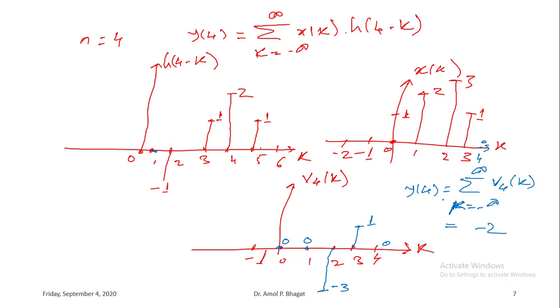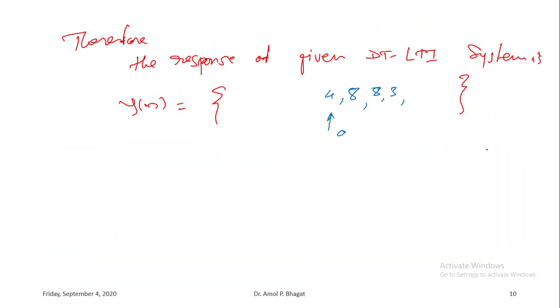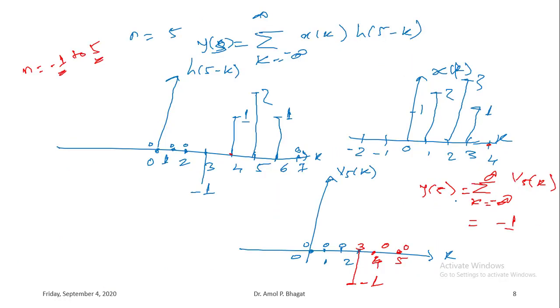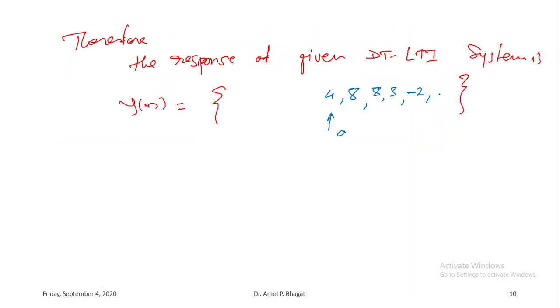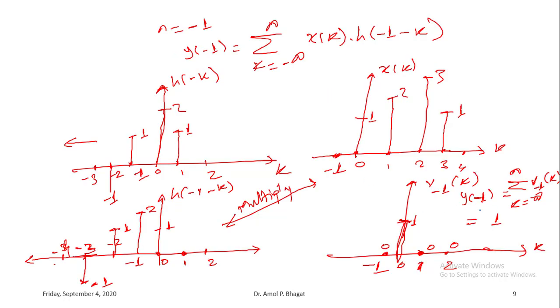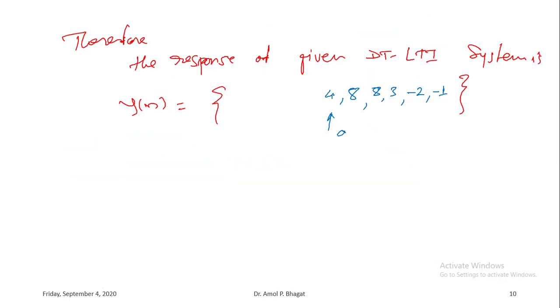For n is equals to 4 it is minus 2, for n is equals to 5 it is minus 1, right? Similarly at n is equals to minus 1 it is 1. So these values are 1, 4, 8, 8, 3, minus 2, minus 1, and the remaining values will be 0, right?